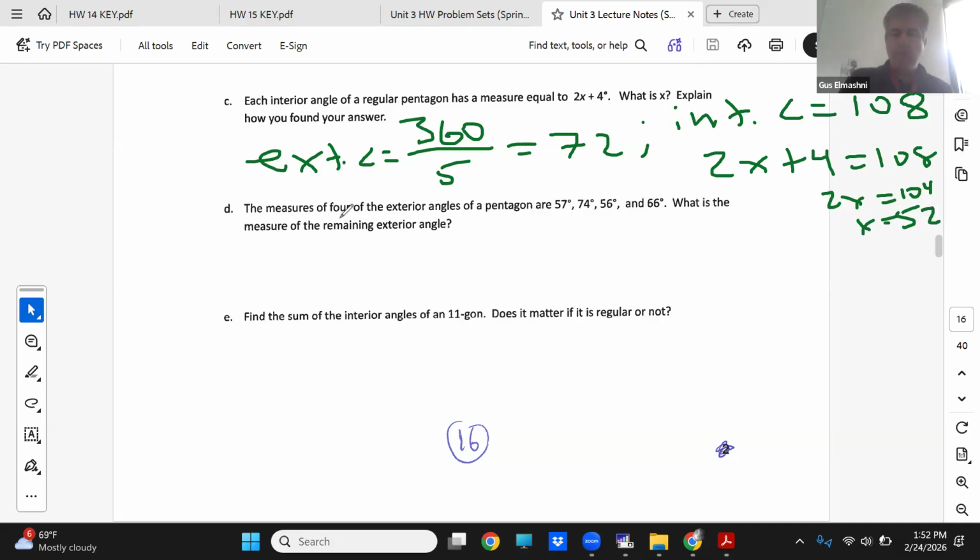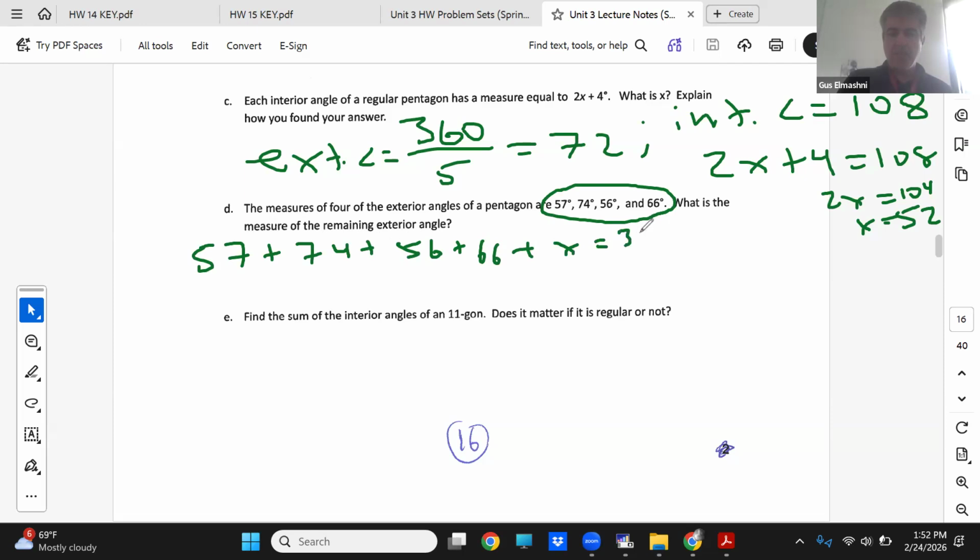And then for the measure of the 4 extra angles of a pentagon, the remaining, well, these have to add to 360, right? So 57 plus 74 plus 56 plus 66 plus x equals 360.